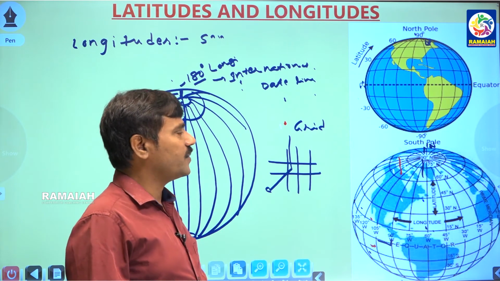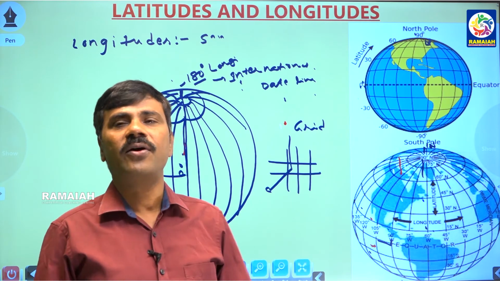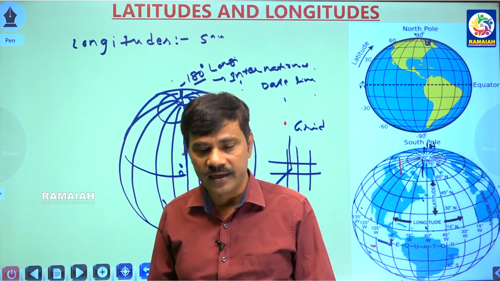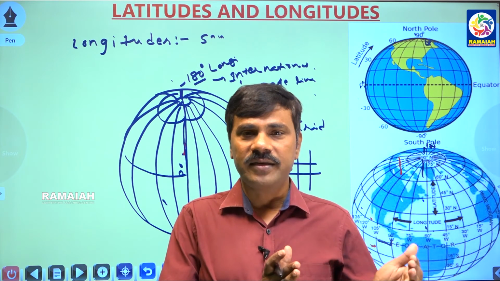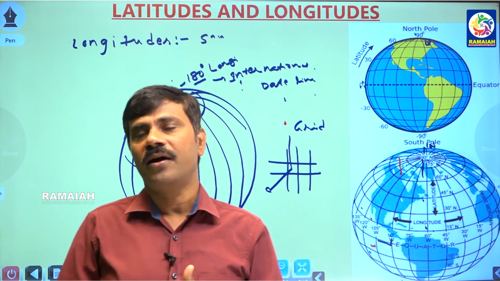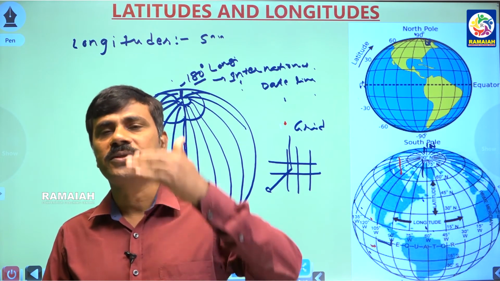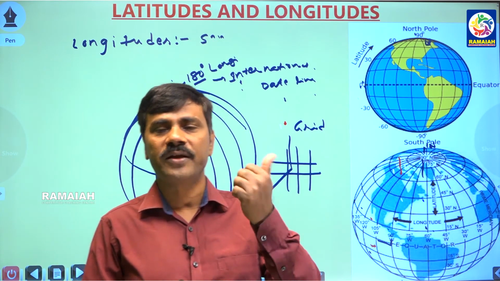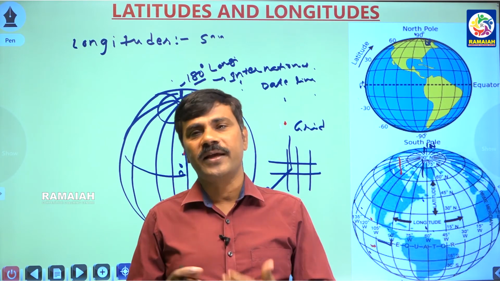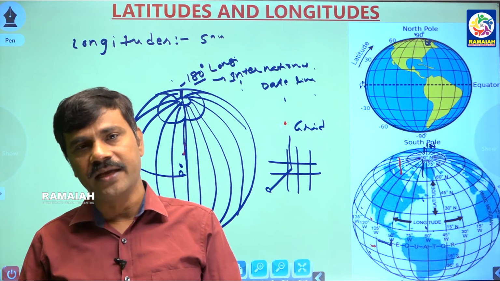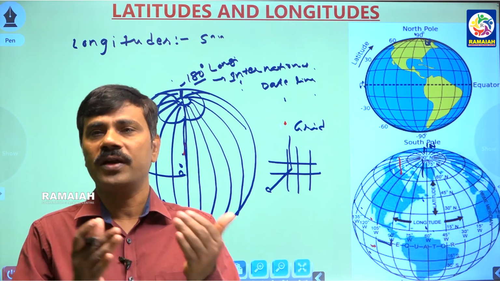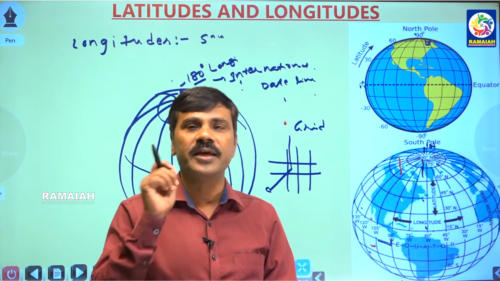Generally the vertical lines are called longitudes, and the horizontal lines are called latitudes. The total number of horizontal lines, that is latitudes, on the earth's surface: northern hemisphere 90 latitudes and southern hemisphere 90 latitudes, 180, plus one of the biggest latitudes, the equator.